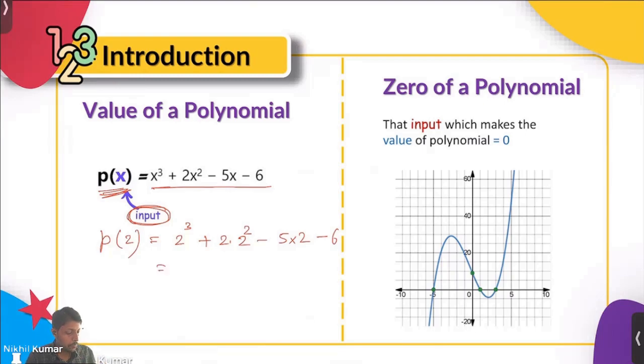Let's calculate it. This is 8. We have 4 into 2, again 8, minus 10, minus 6. So 8 plus 8 is 16. 10 plus 6 is 16. So 16 minus 16 would be 0. So if someone asks you what's the value of p of x at x equal to 2, it's 0.